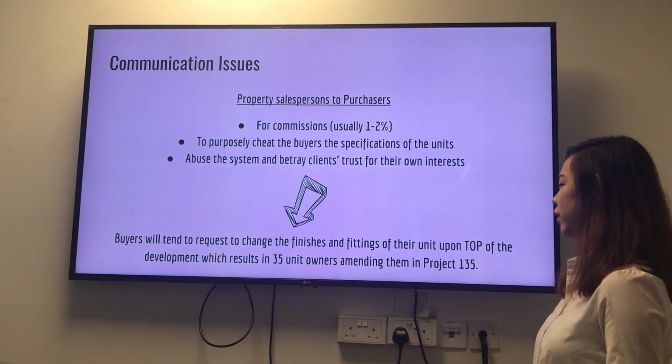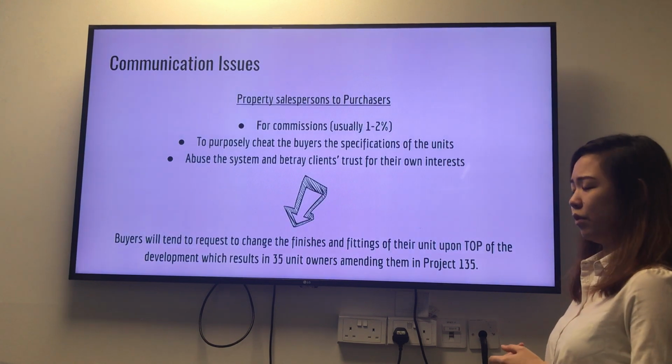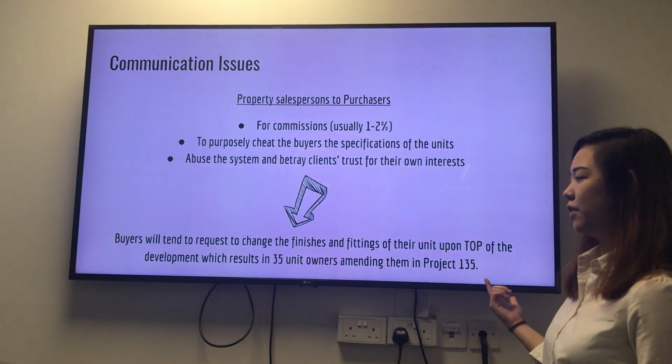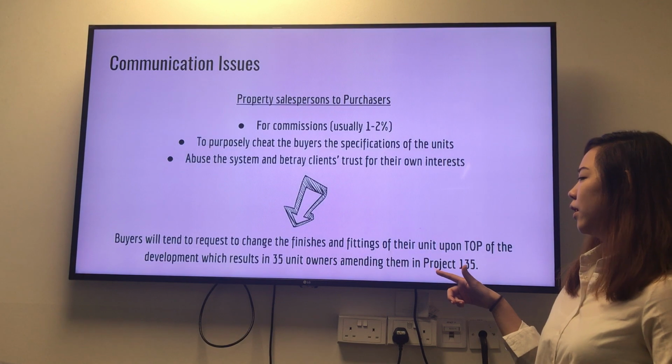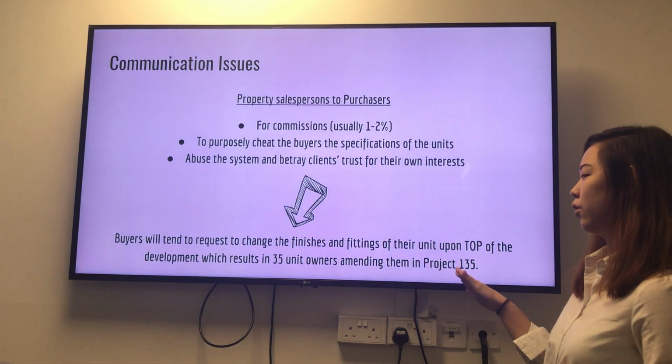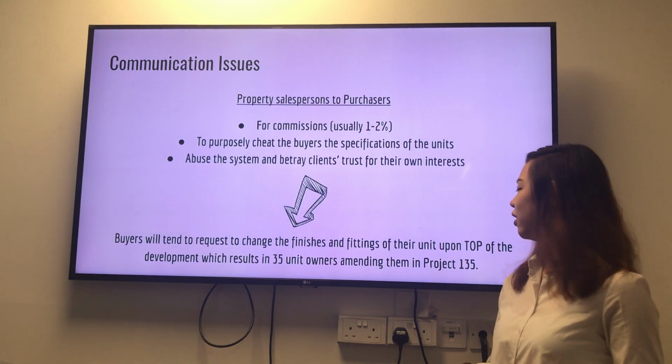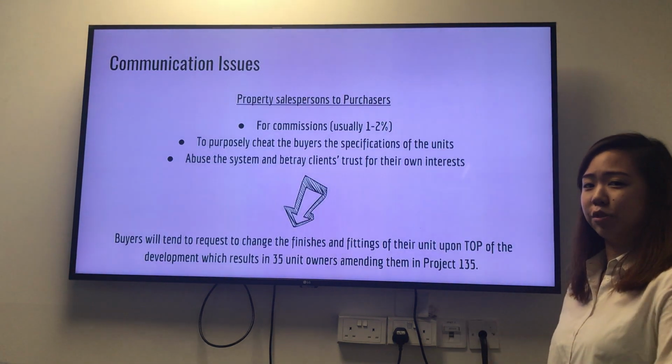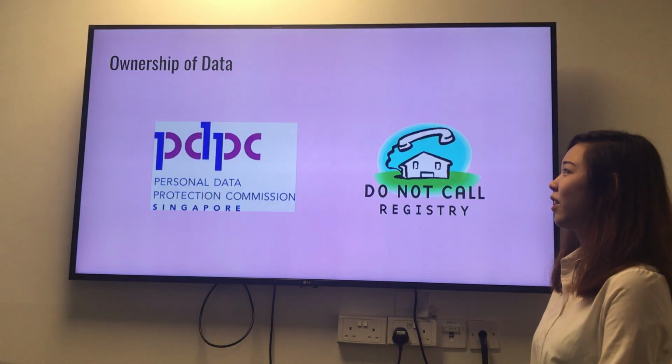This will lead to situations like, upon TOP, it will result in the problem mentioned in problem 4, which is 35 unit owners amending their finishes and fittings in project 135.